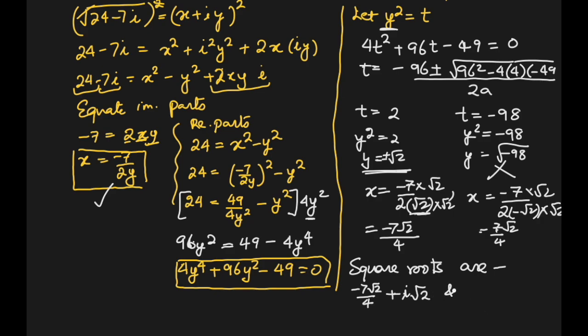This is one, and the second one will be positive 7 square root 2 over 4 minus i square root 2. These are the two square roots in Cartesian form.